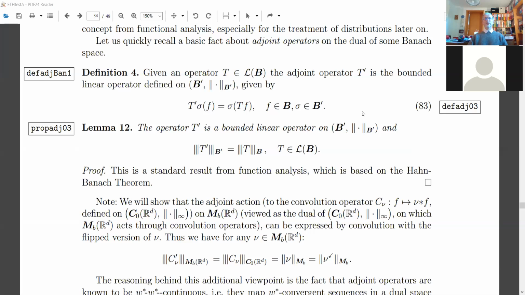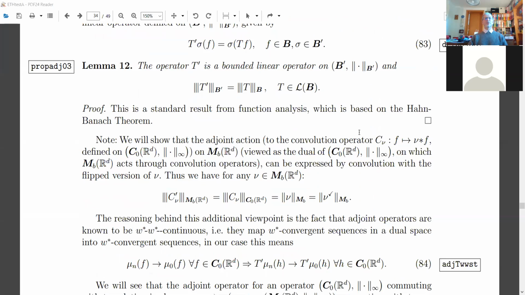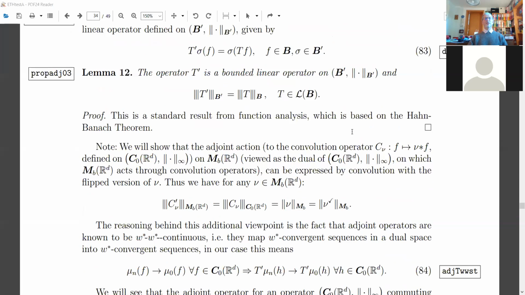Now, in order to increase your confusion for a little moment, let me express the fact that we have seen that convolution operators are very nice operators on C0. So any operator has an adjoint, which is now an operator going from measures to measures. So what is the adjoint of a convolution operator viewed as an operator putting measures into measures? So you see here it's the C nu, but C nu is meant to be a convolution with a bounded measure acting on C0.